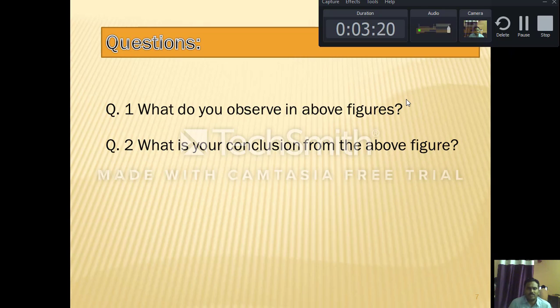So by showing these pictures, we can ask the students questions: what do you observe in the above figures and what is your conclusion from the above figures. This type of question can be asked to the students and we can take the answers from them.